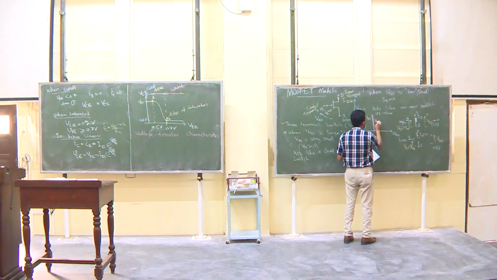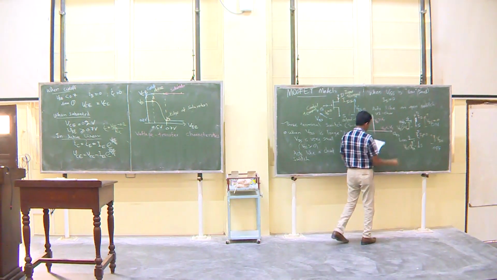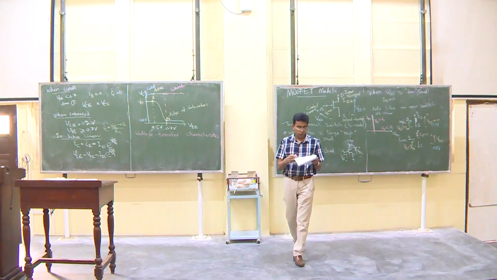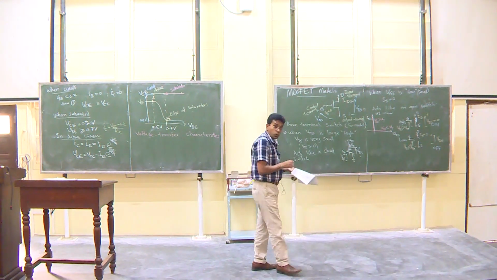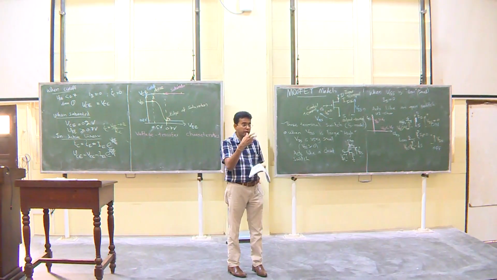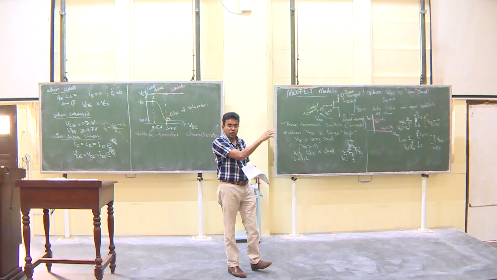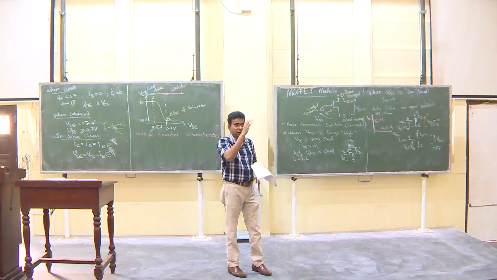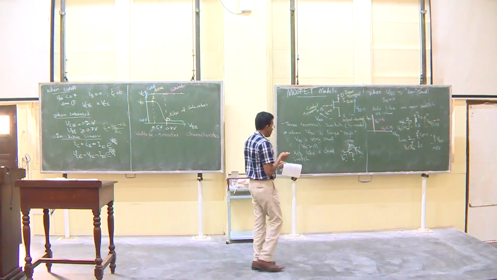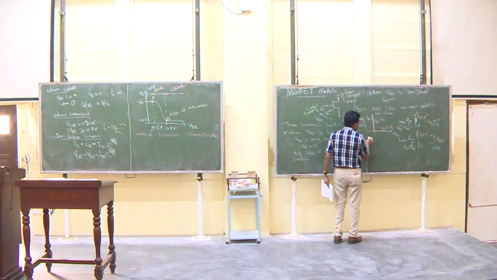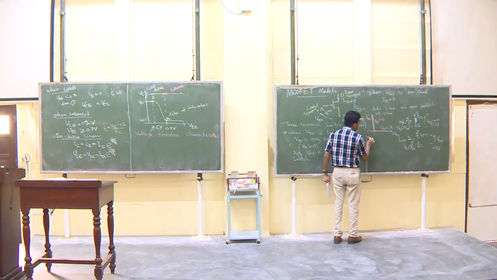Here VGS is greater than some threshold, here VGS less than V threshold. That is your VI characteristics. Remember, we are going to characterize our elements using VI characteristics. So, you do not have to worry about anything else, as long as you know this, it is just another element, right.